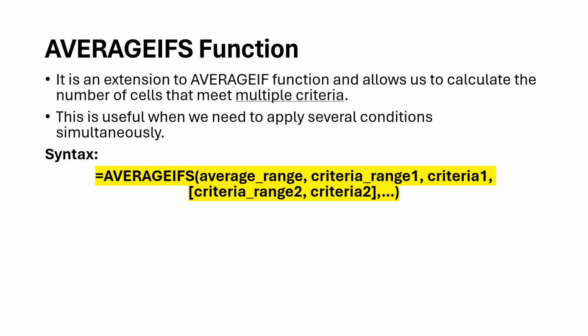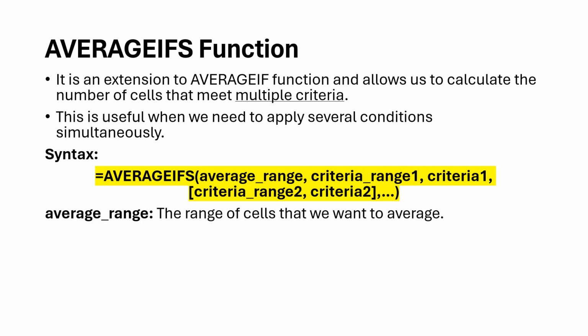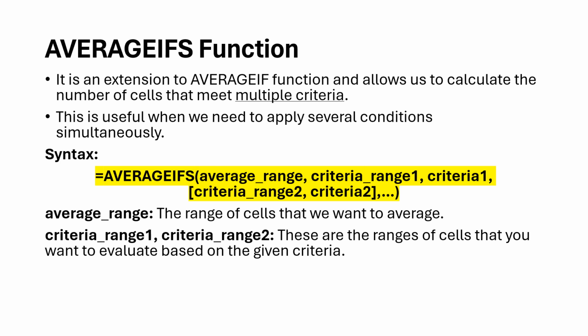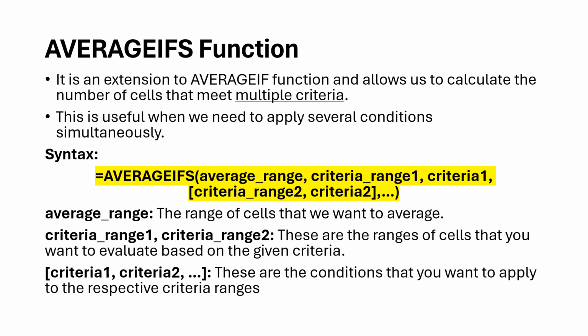Within the arguments, specify the average range, the range of cells that we want to average, criteria range 1 and criteria range 2. These are the ranges of cells that you want to evaluate based on the corresponding criteria, and criteria 1, criteria 2, and so on. These are the conditions that you want to apply to the respective criteria ranges.